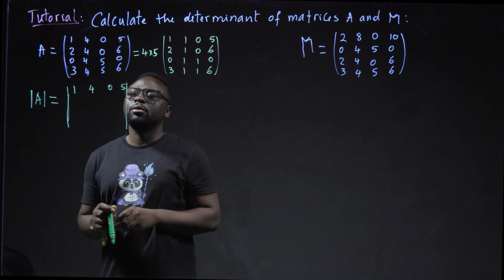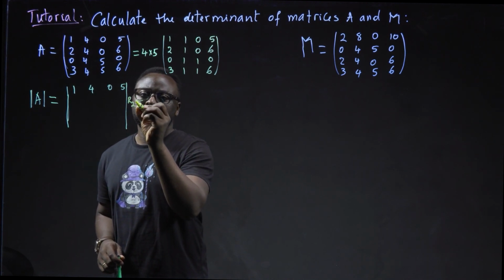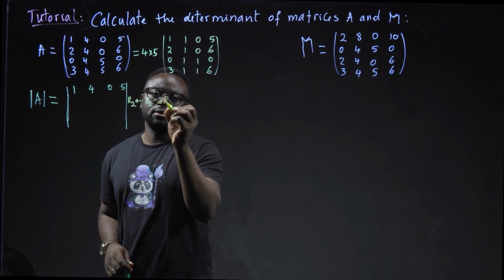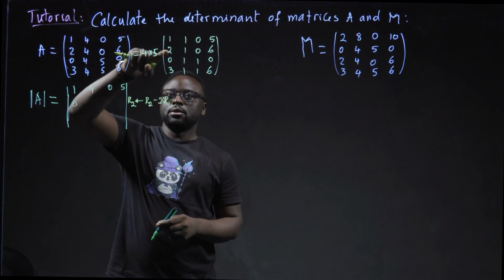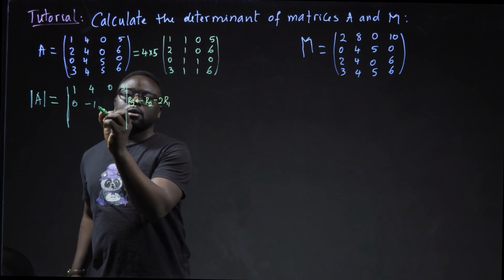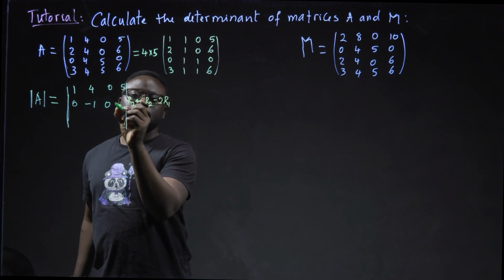The second row will be R2 minus 2R1. So this and this is 0, and here is minus 1. Here we have 0, and the last one should be minus 4.